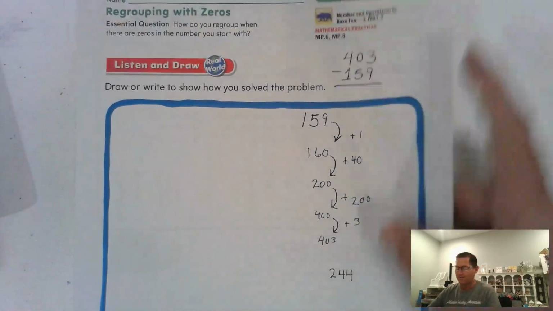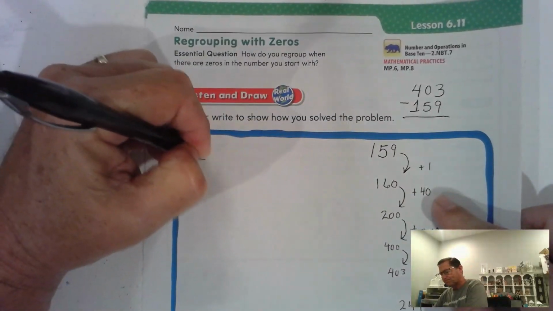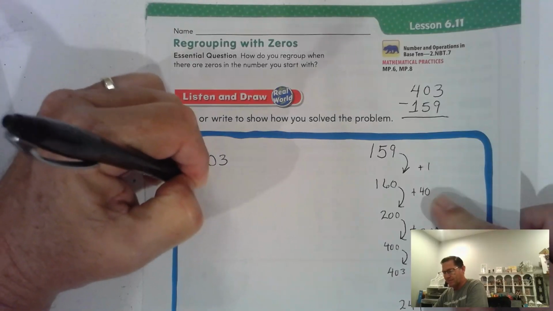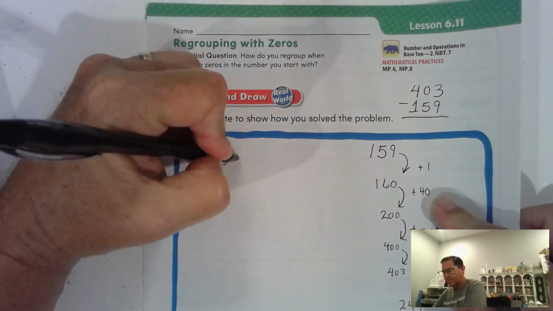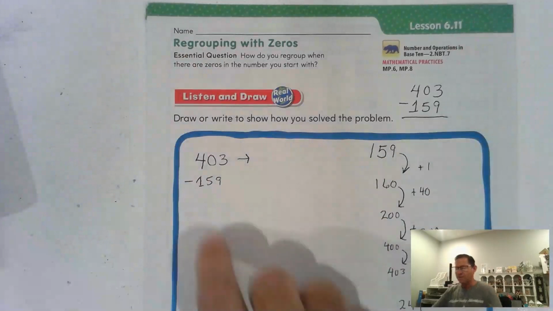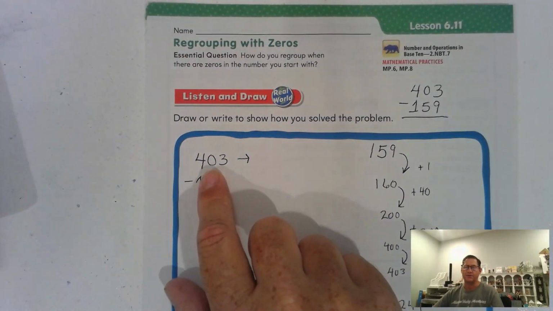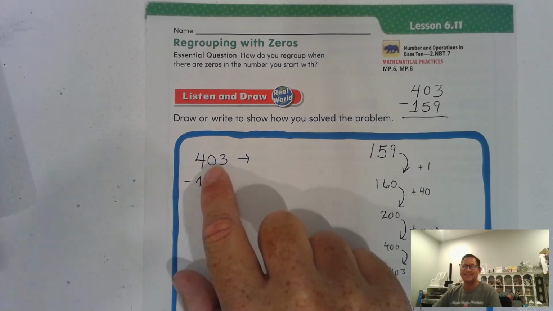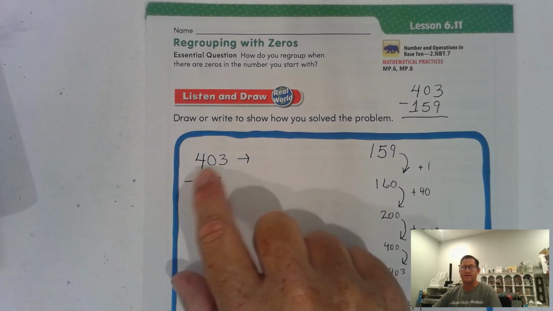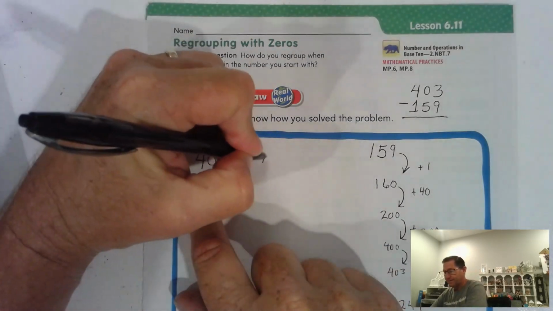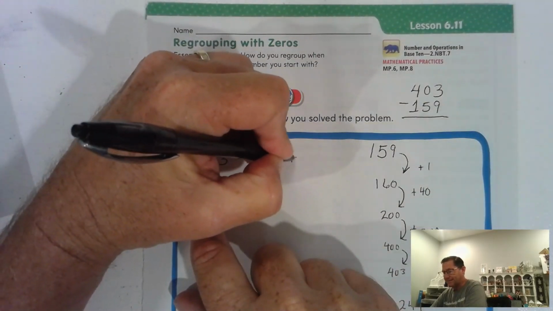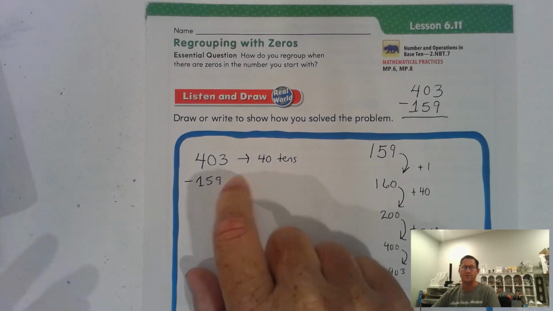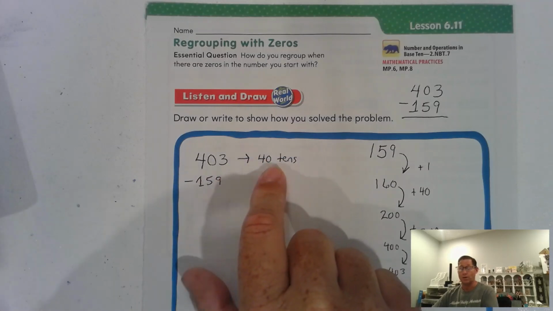All right. Now, 403 minus 159. I want you to think of this number as tens and ones. In 400, there are 40 tens, because 10 tens is 100, so 40 tens would be 400.